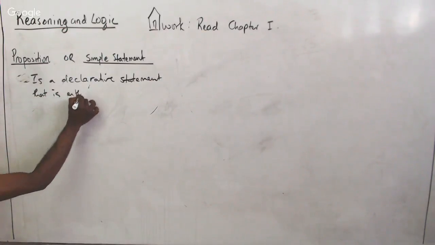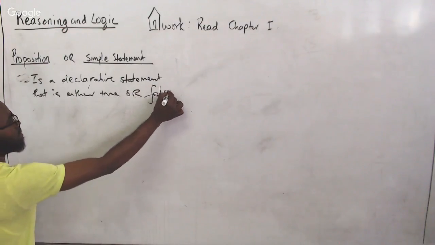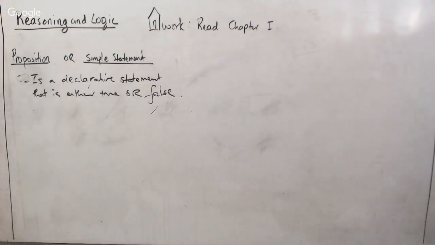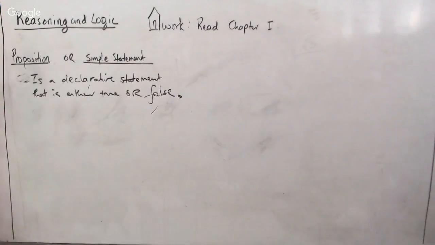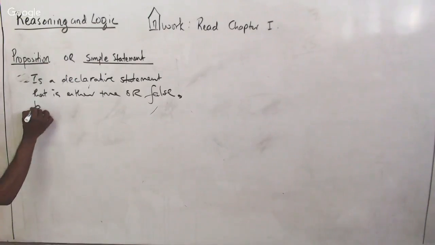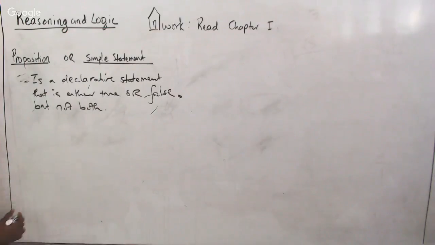That is either true or false. But most importantly, it cannot be ambiguous, right? It can't be both. So those are the three main components of the definition. One, it must declare something, declarative. Two, it must be true or false, and it cannot be both at the same time.